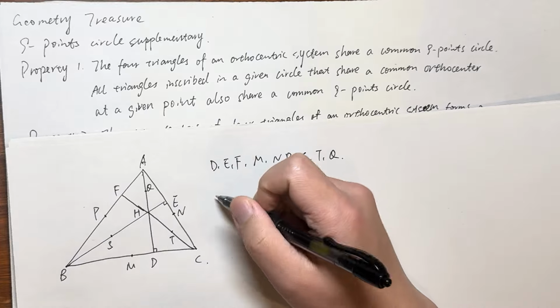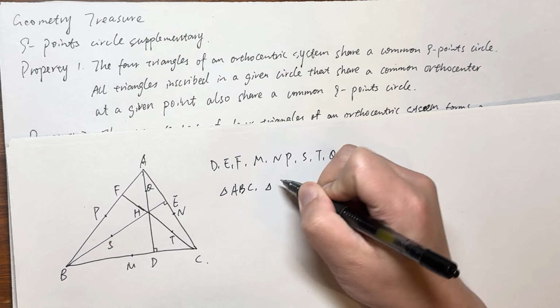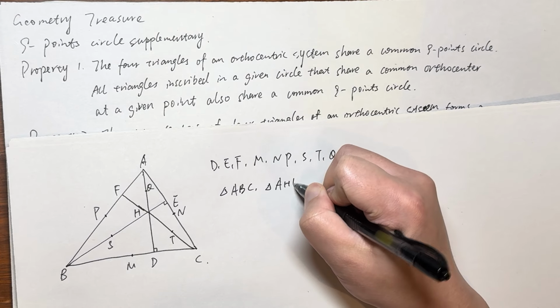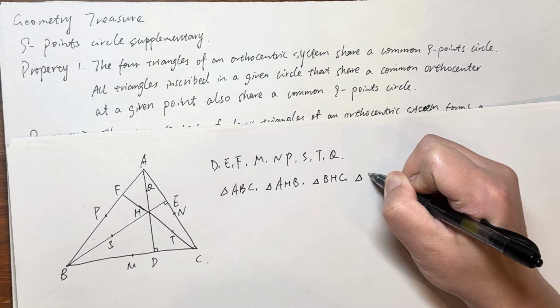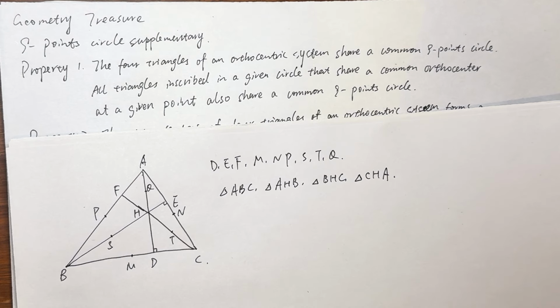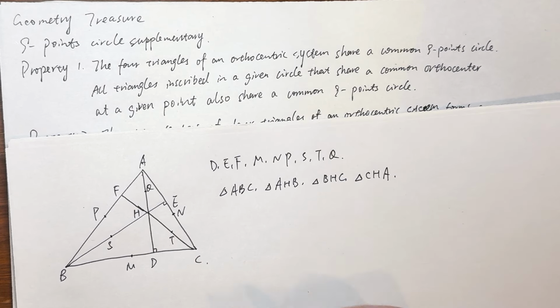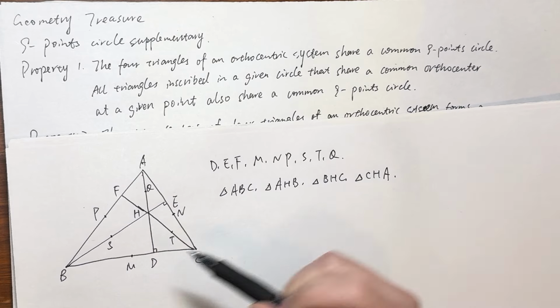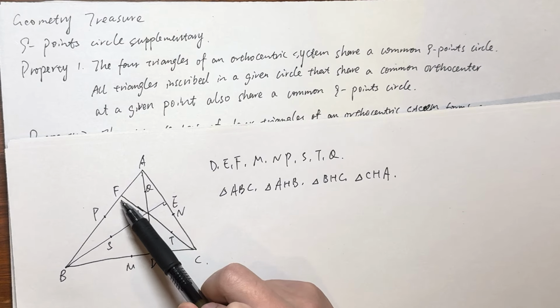For the first one, that basically says the triangle ABC, triangle AHB, triangle BHC, and triangle CHA, these 4 triangles share a common 9-point circle, which is very simple to prove. We can think about the 9-point circle of the triangle ABC here.